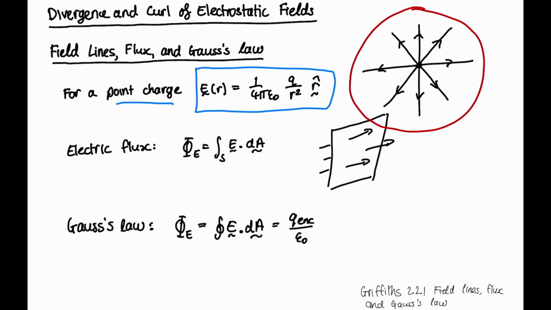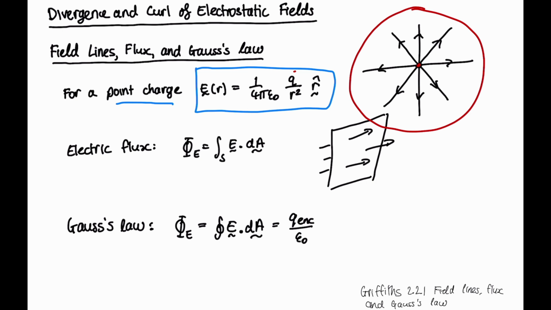In this case, the field lines are shown going out because remember, the field lines represent the direction of force on a positive particle which is put in this electric field. So they're always away from positive charges and towards negative charges. So we've got our charge Q in the middle here, which is generating this electric field.